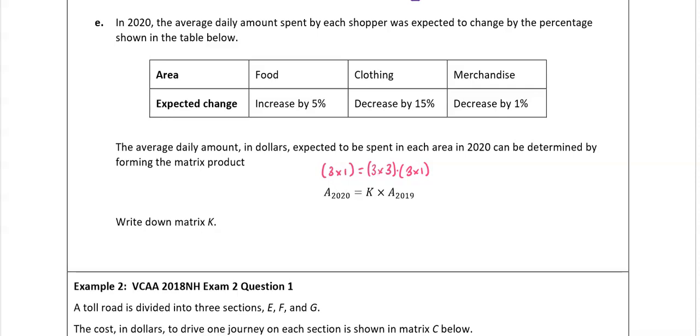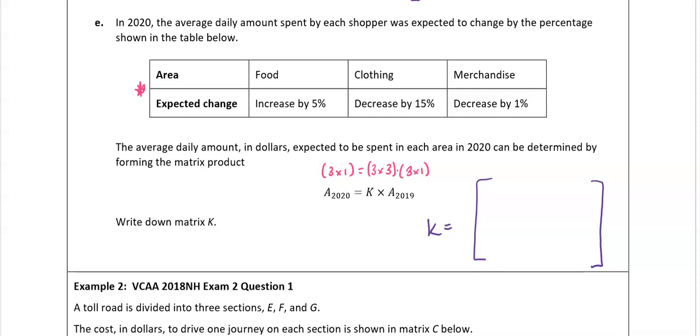The second piece of information that I need before I can work out what K must look like is I need to take this information here about the change and convert that into, I guess, proportions. So I'm taking that percentage, and it's very much like what we did in finance where we were finding big R. So if you think about that geometric growth and decay, this is the exact same thing.